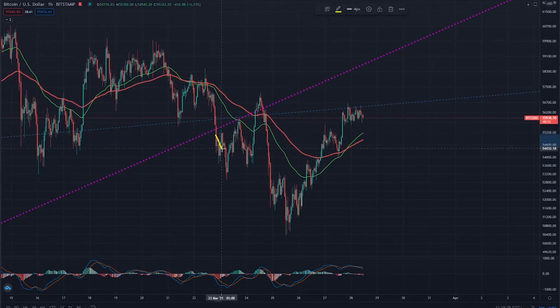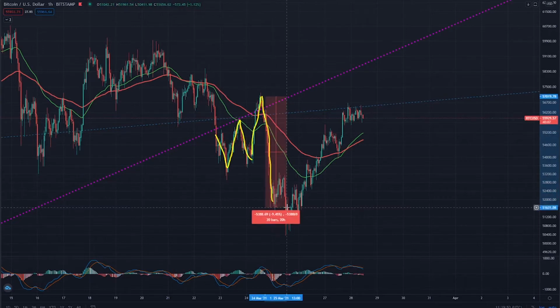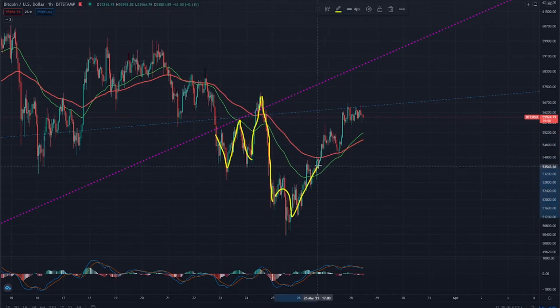If we take a really close look at what's been happening in the past few weeks, after breaking the support we came right back up to it and were rejected, and came back down. We tried for the second time, managed a little bit of a breakout, but it wasn't successful, and we came back down. A very large correction, about 9 or 10%, and now there was a slight recovery phase.